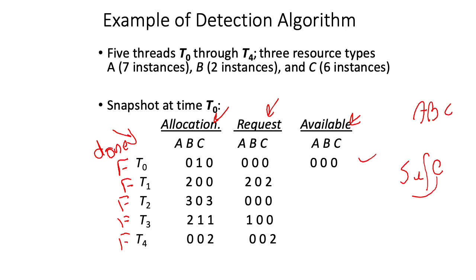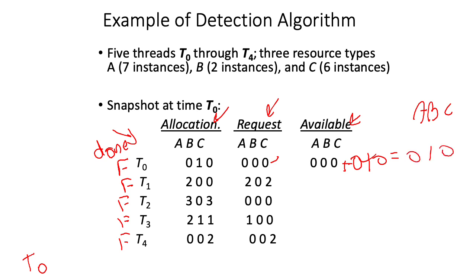So T0 is requesting 0, 0, 0. So we can start with T0 in our sequence, and we need to update the available to 0, 0, 0 plus what is currently held and allocated to T0, which is 0, 1, 0. So this will equal 0, 1, 0.